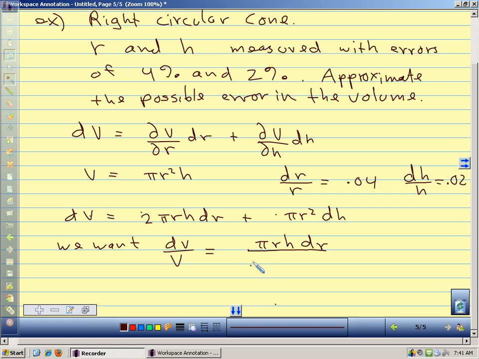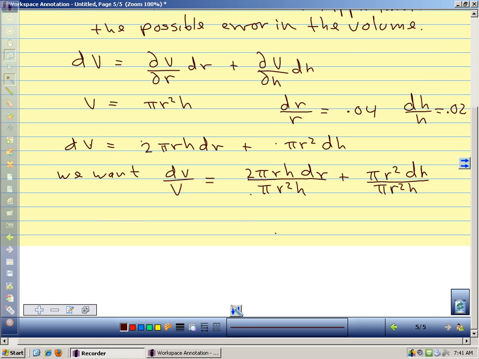So we have 2 pi r h dr divided by our volume, pi r squared h, plus, wait, should the top be 2 pi r? Yes, 2 pi r. Thank you. Plus pi r squared dh over pi r squared h. And when we write this out, we cancel.